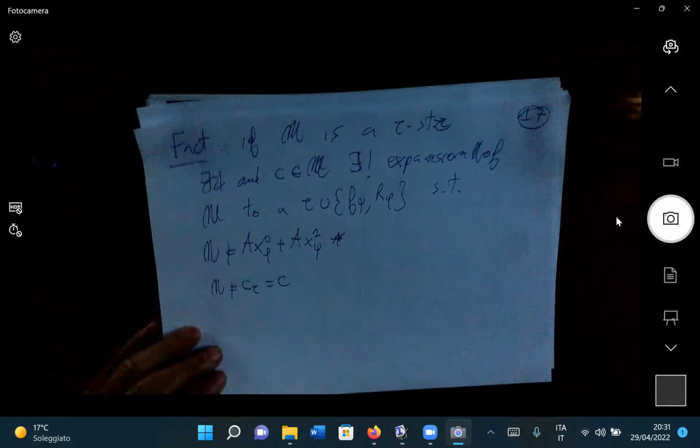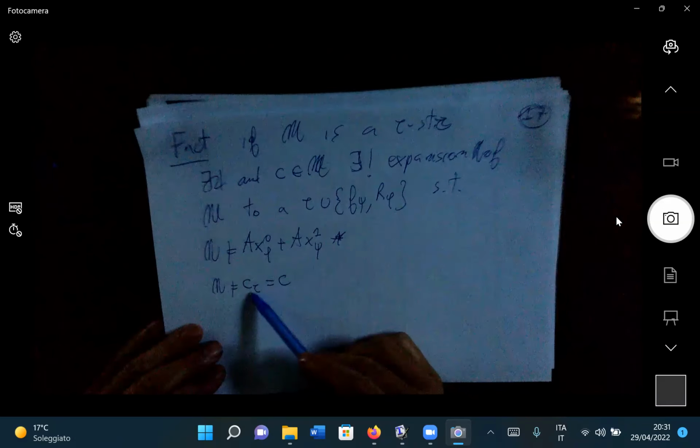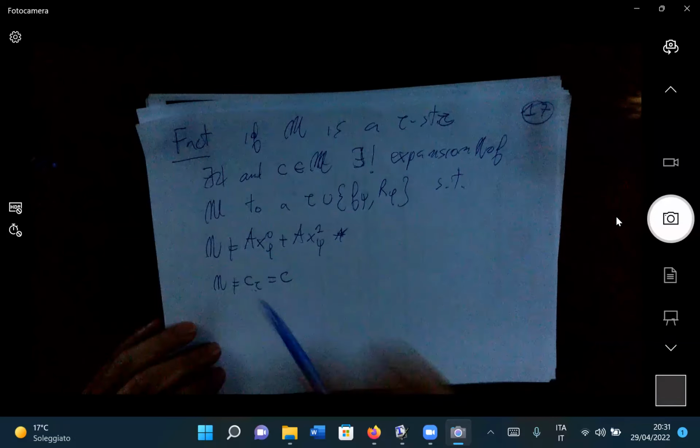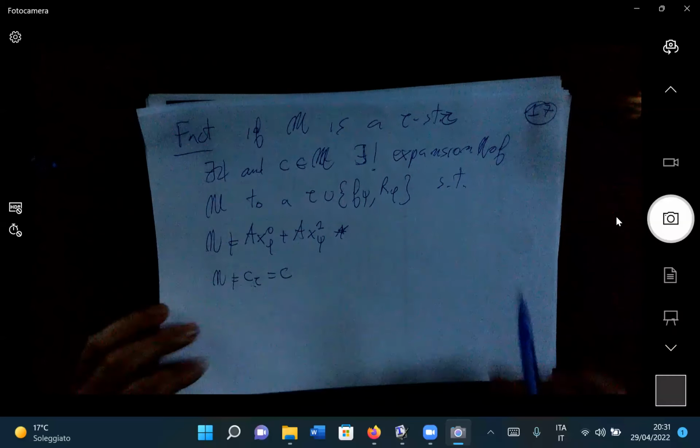Okay, so the unique freedom I have is to decide what is the value of this constant, but once I decide the value, then the rest is fixed.